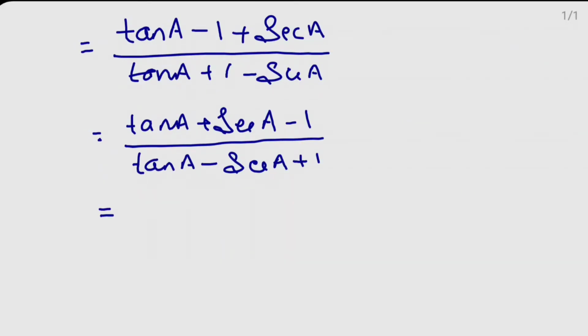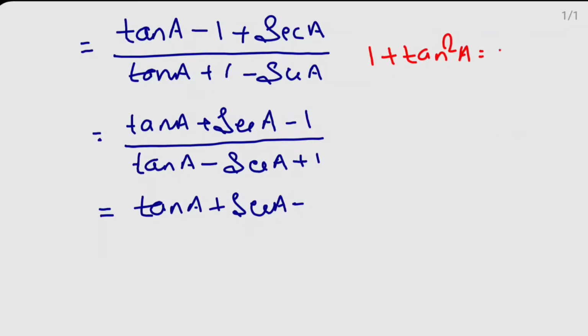The next step, write down tan a plus sec a minus, instead of this 1 we can write sec square a minus tan square a, because we know the identity 1 plus tan square a is equal to sec square a.